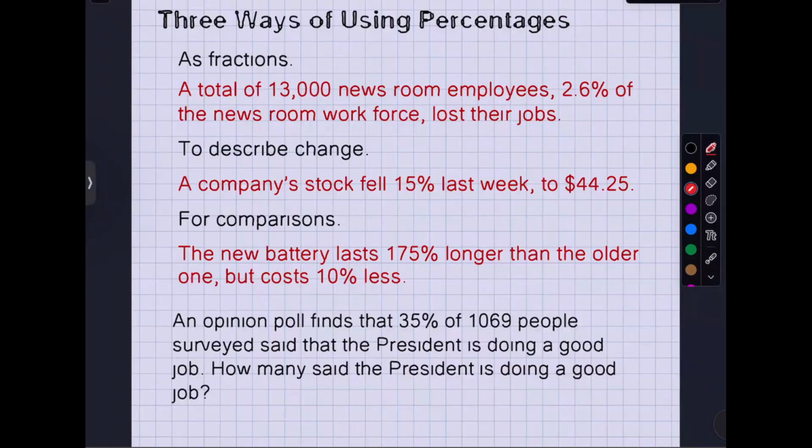These are all things that you've seen in the news. Layoffs, stocks, and trying to get people to buy their battery over other batteries. Has bad reviews. Now they came out with a new battery and trying to get you guys back to it.